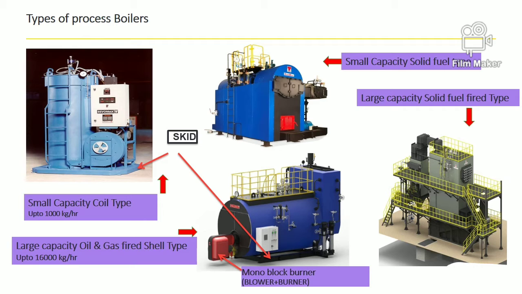Monoblock burners house both the combustion blower as well as the fuel burner in the same unit. Also, you can see two other types of boilers: small capacity solid fuel boilers and large capacity solid fuel boilers in the slide.